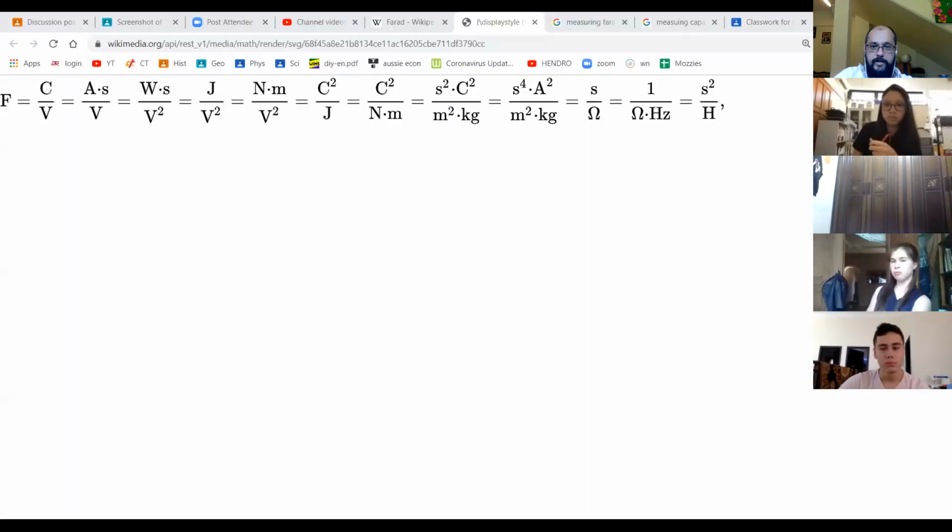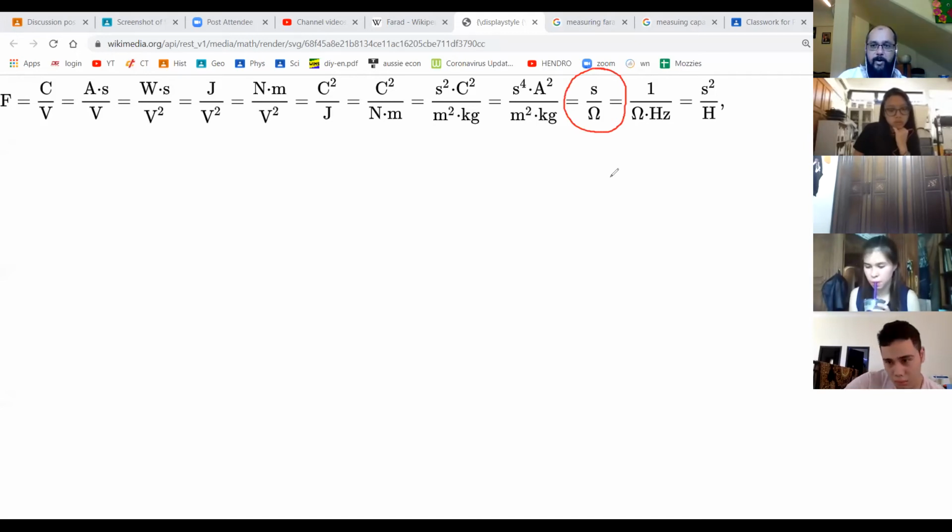Let me just share that again. The one that I think you're looking for is this one here. Draw, you silly machine. This one. Seconds per ohm. Okay. So if you don't have a unit that measures capacitance, you can do it as seconds per ohm.